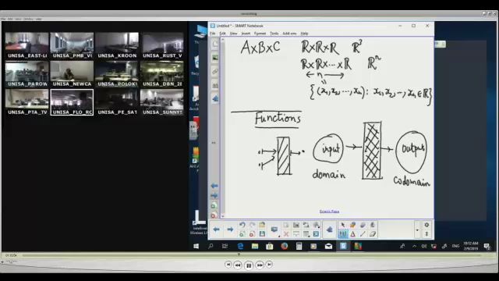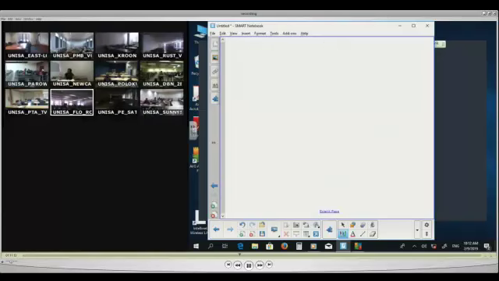Now having introduced pairs, I can think of, suppose this is my domain, and B is my codomain. So these are two sets.